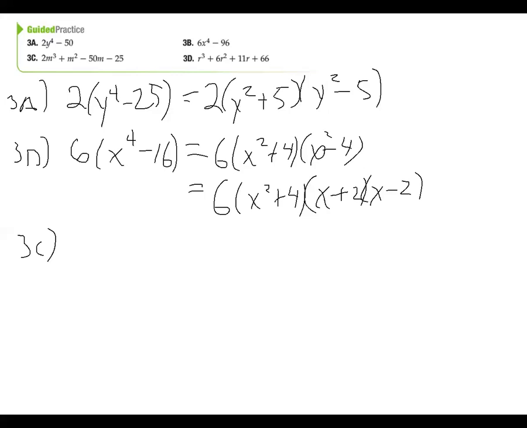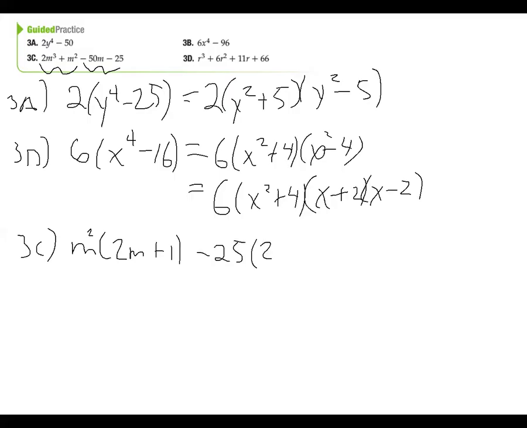Okay, 3c. There's no GCF, but if you group the first 2 terms together, I can factor out an m squared. So you would have 2m plus 1. And then the second group, you could factor out a negative 25.